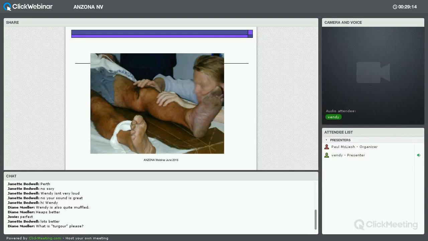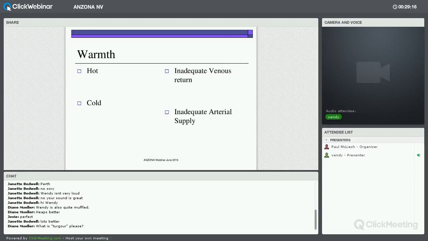Okay, the next thing we move on to is looking at the warmth of the limb. This is where the comparison with the other limb is very much needed, because if you were to feel my feet right now, they would be really lovely and cold, and that doesn't necessarily mean there is a problem. That's just my baseline.